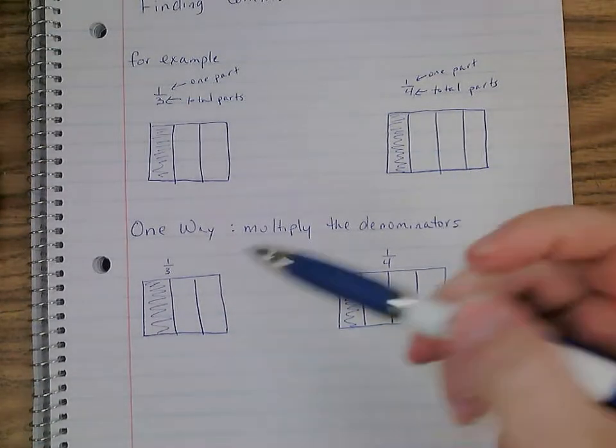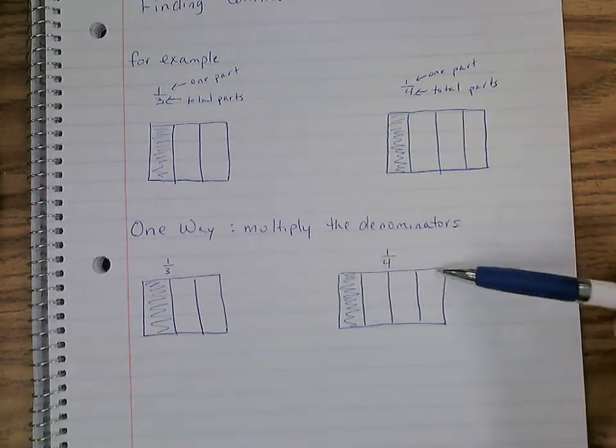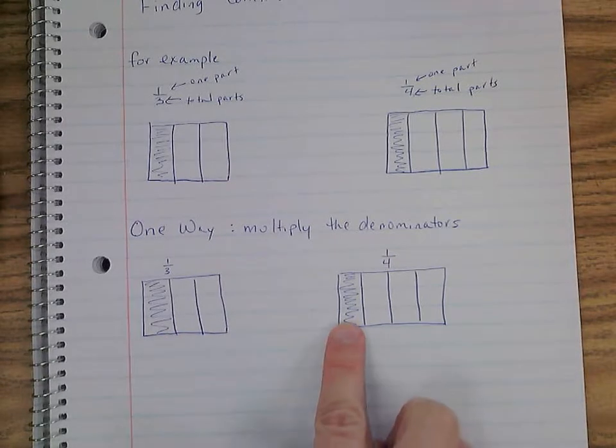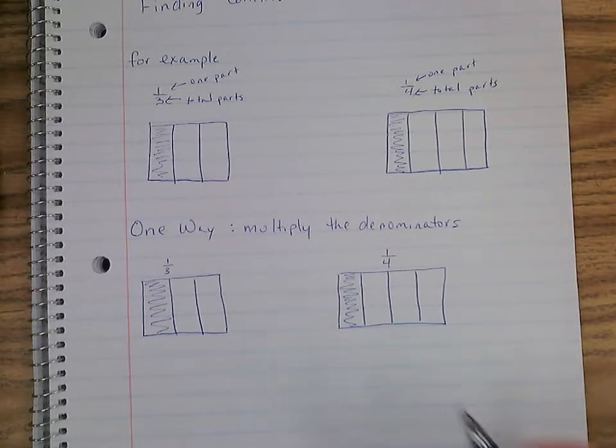If you look at my total area of my rectangle, you can see I totally drew my rectangles differently. So this is why sometimes drawing a picture, when it's not to scale, when it's not equal pictures, can be confusing when you're comparing fractions, or if you're adding fractions or subtracting fractions, because it's kind of hard to see. Because the way I drew it, that piece almost looks the same size as that piece, but it's not, because the total size of my rectangle is different than the total size of this rectangle. So it's a beautiful oops, but we're not going to worry about it too much because we're going to use the math to find those common denominators today.